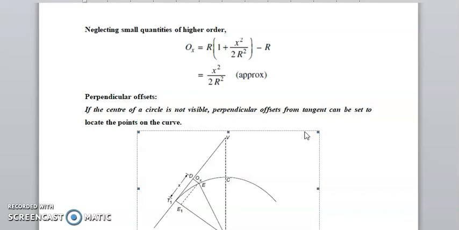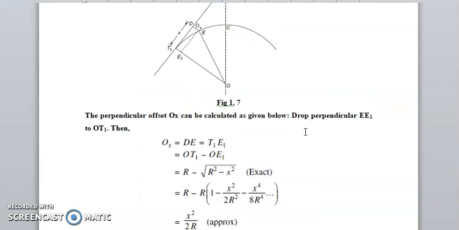Now the perpendicular offset. If the center of the curve is not visible, the perpendicular offset from the tangent is used to locate points on the curve. You can see the figure here.